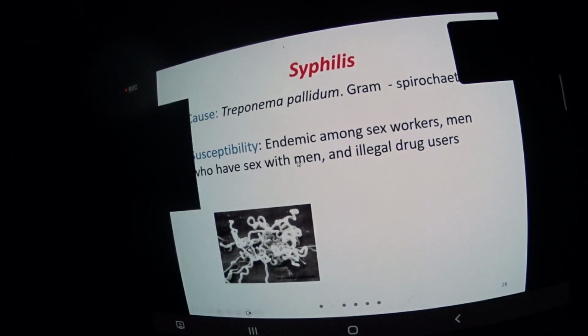They are gram-negative, and can be found in anyone who is sexually active, with multiple sexual partners, sexual workers, all of these STIs. Drug addicts, because in order to get their drugs cheaper and faster, they are forced to do certain things. So obviously it can be passed to them.